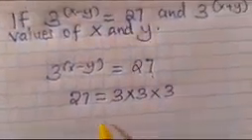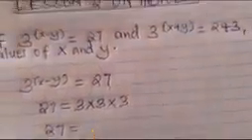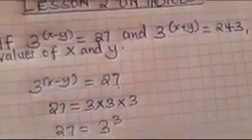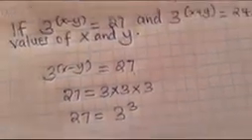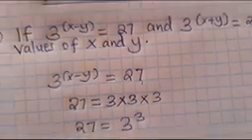This means 27 is equal to 3 power 3. The power here means the number of times we are multiplying these 3. So now we have written 27 in index form as 3 power 3.